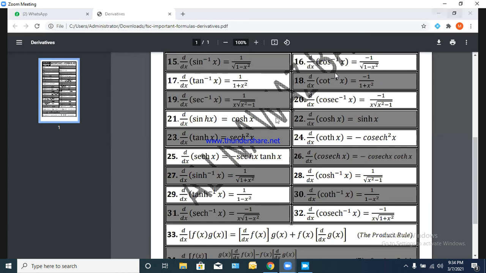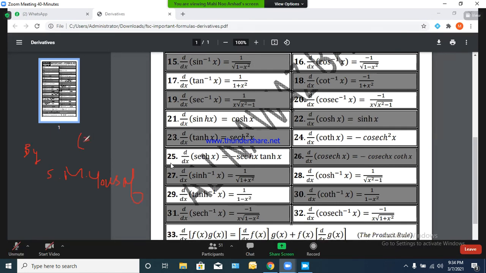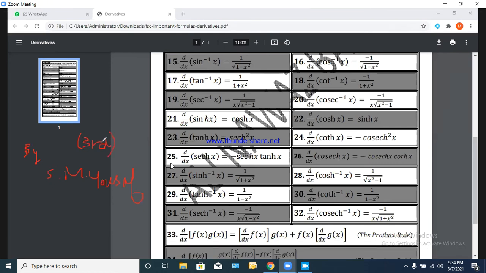Note the name. Calculus and Analytical Geometry by S.M. Yusuf. Photocopy the third chapter of this one. Photocopy or purchase, you will get the third chapter. We will do the third chapter. Okay?